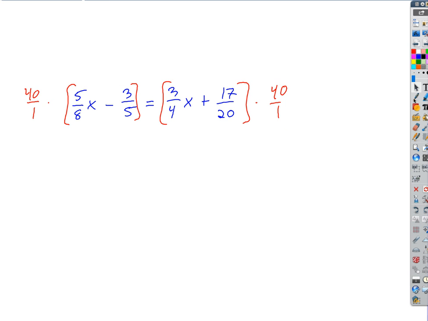Okay, any suggestions how I want to go about distributing here? So when I make the distribution to this first term, when we multiply fractions, we multiply straight across, right?